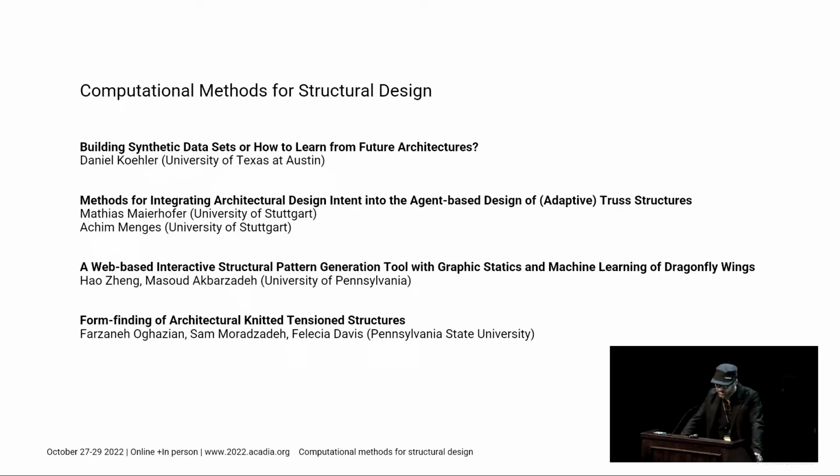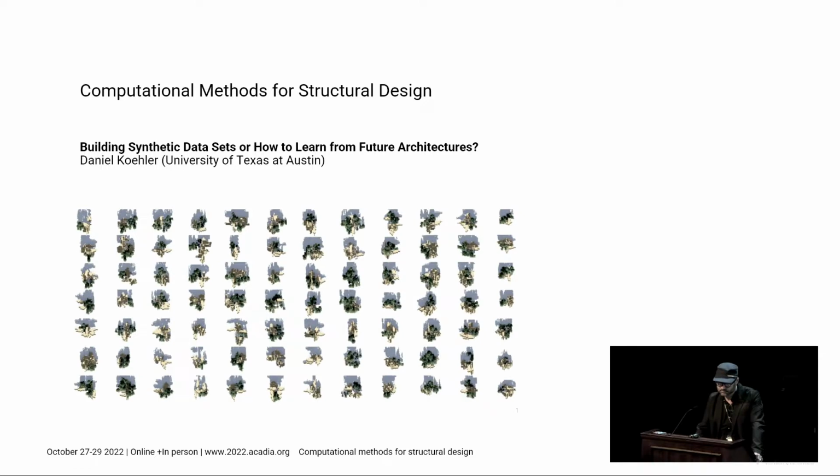The first paper specifically addresses part-to-whole relations, or part relationships, as the author calls it, between architecture and its city, from prefab building components to urban form and policy. Building Synthetic Data Sets, or How to Learn from Future Architectures, by Daniel Koehler.